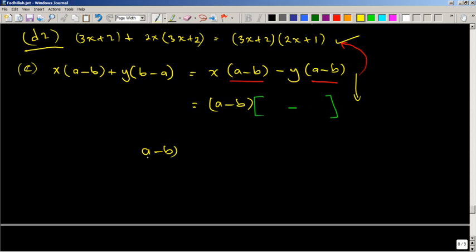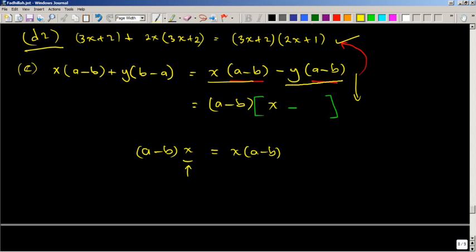A minus B, what do you multiply with so that it becomes x A minus B? You get back this one. What do you multiply it with? What goes here? Times what? You times x, huh? So it's x is here.